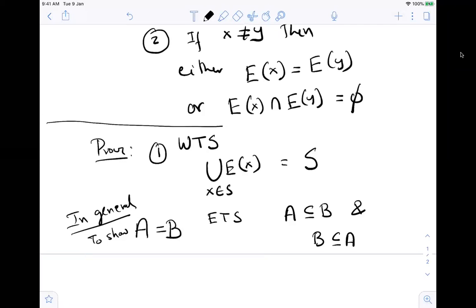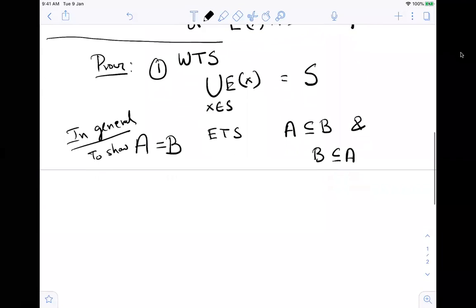Let's see which one we want to do first. Say that I take an x which is in the union of this.